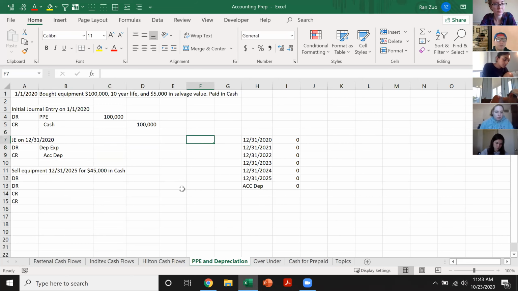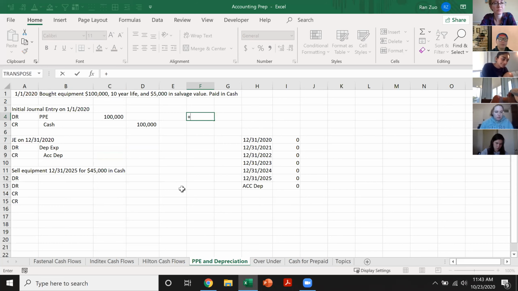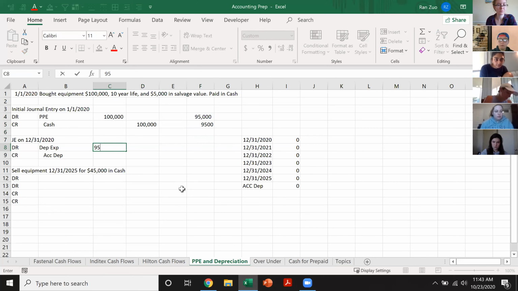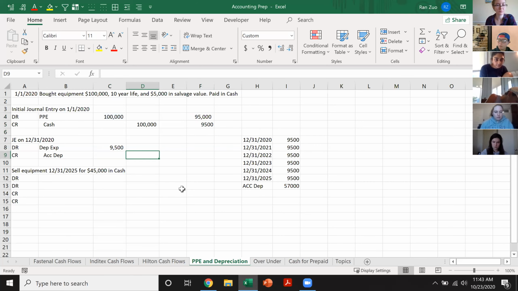I can do the math here if you want me to. It would be the $100,000, but taking out the $5,000 of salvage value and then divided by 10 is our annual depreciation, right? Yep, you're right. Very good. So yeah, 9,500. Very good.